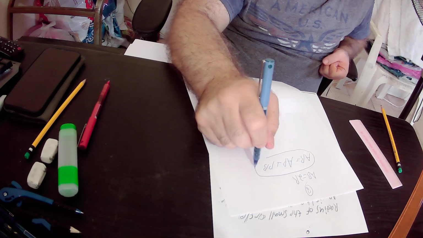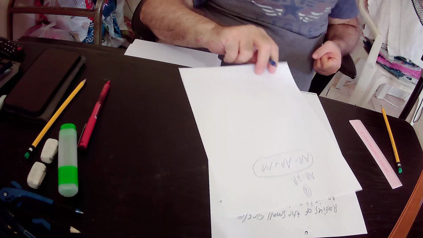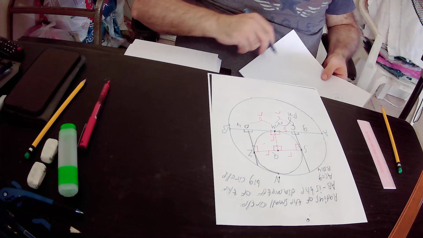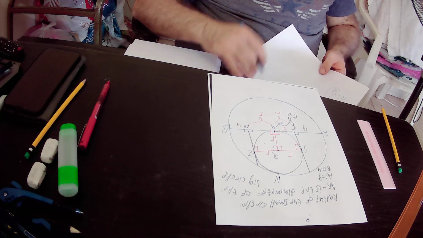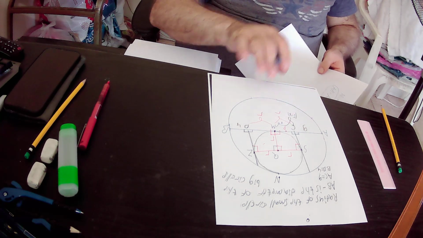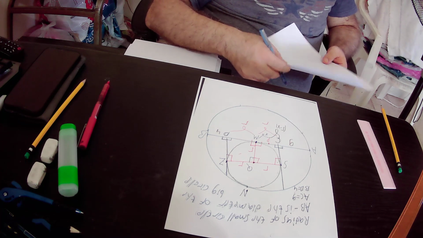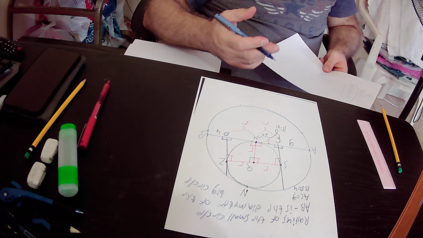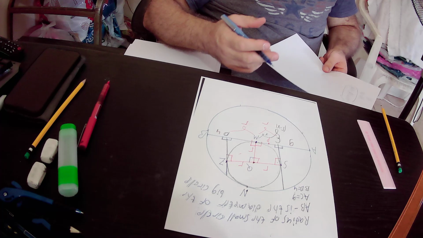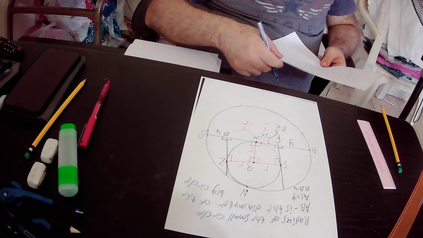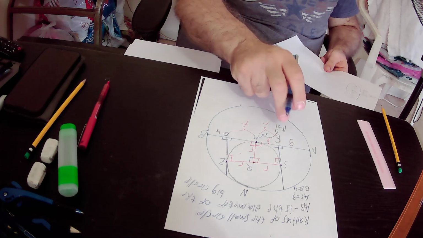Actually AP is the radius of the circle, so we'll calculate the value of AP, that is the radius of the big circle. That will be our first equation.